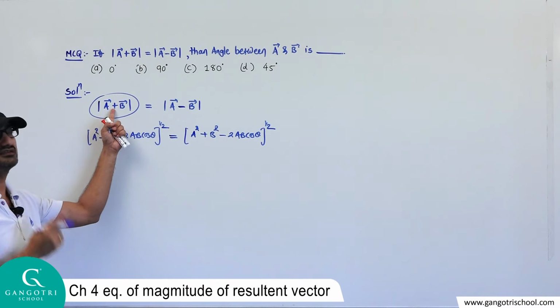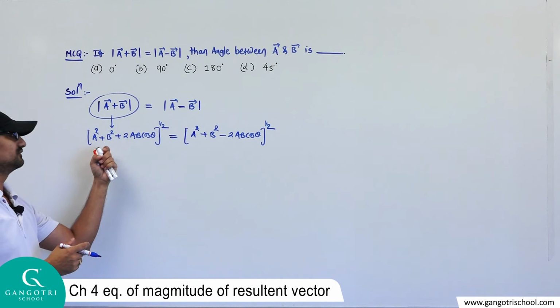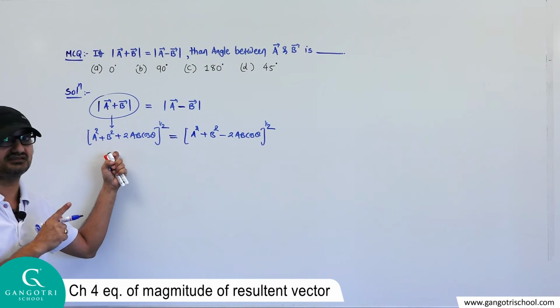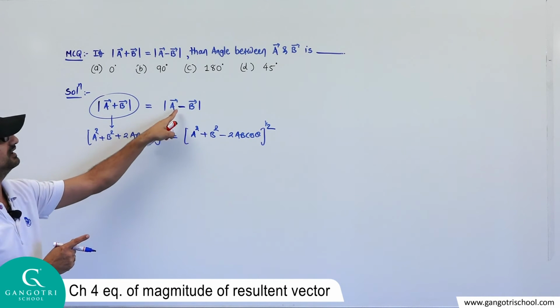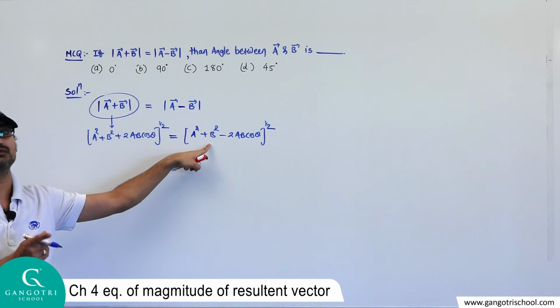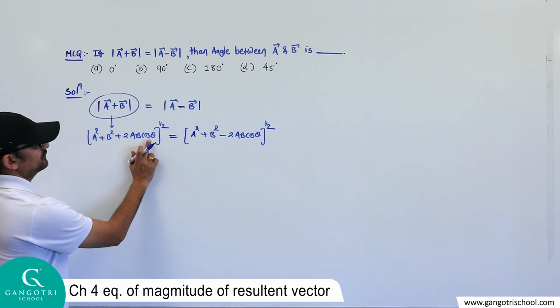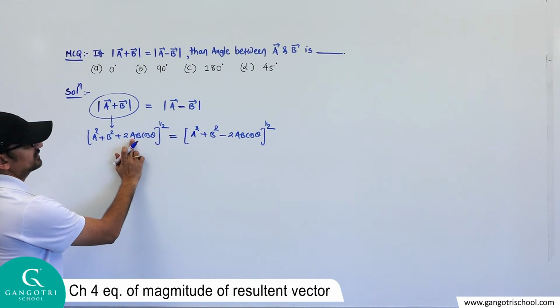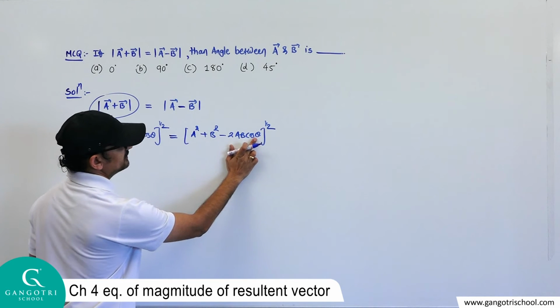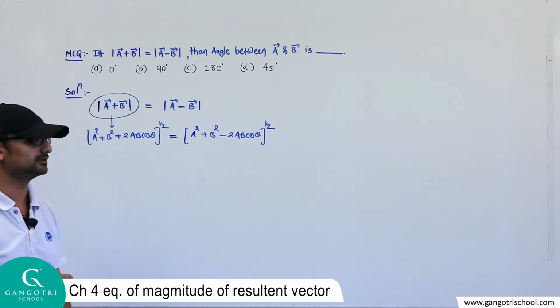If there is a plus sign, it's the resultant of A and B, and with a minus sign it is the subtraction of A and B. We derived this equation in the previous example, and in the same way, if there is the magnitude of subtraction of two vectors, the answer will be A square plus B square minus 2AB cos theta. Now in this equation, theta is the angle between A and B, and we would like to find that angle theta.